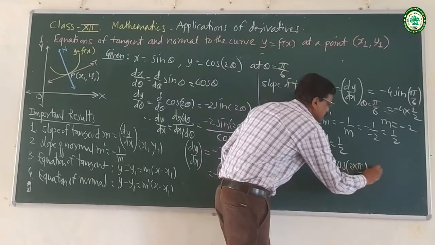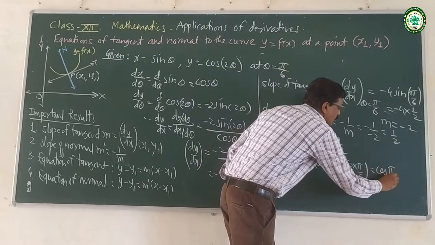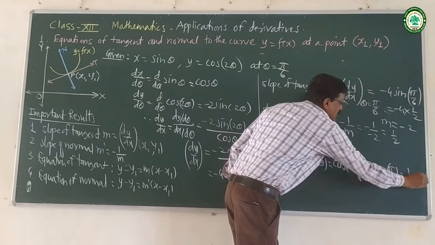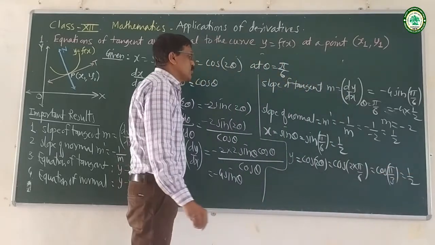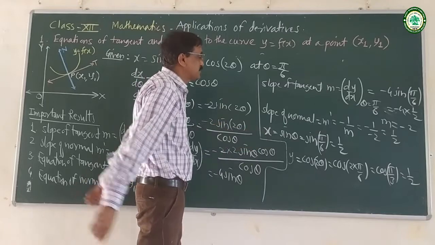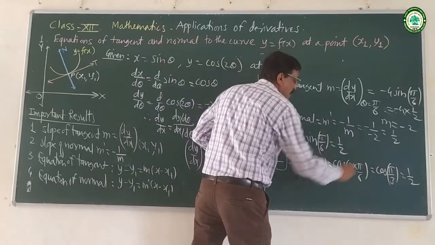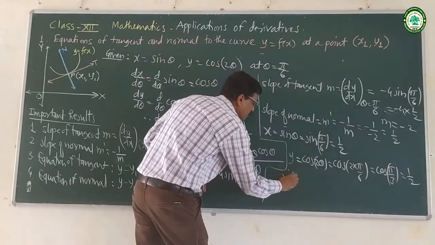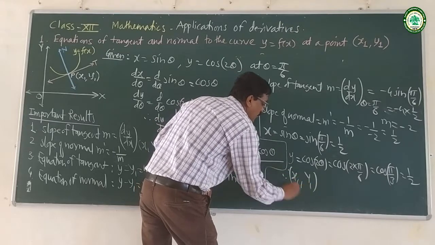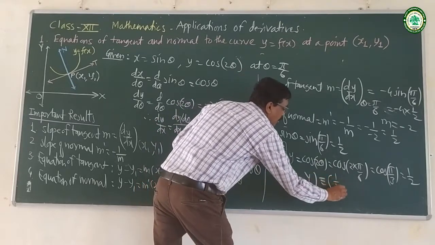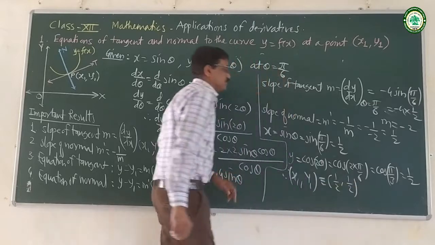Cos pi by 3, cos 60, it is again 1 upon 2. So the point of contact x1, y1 is 1 upon 2, 1 upon 2.